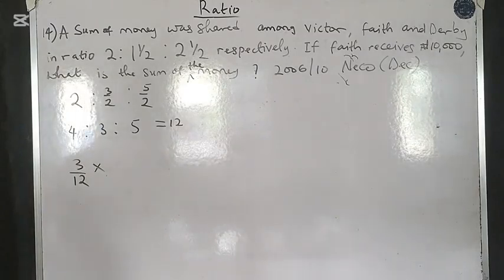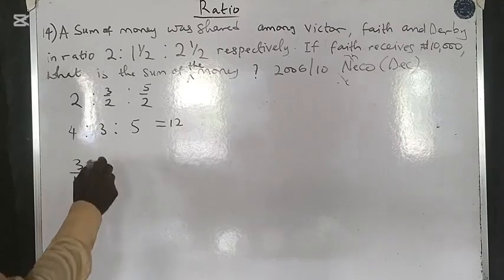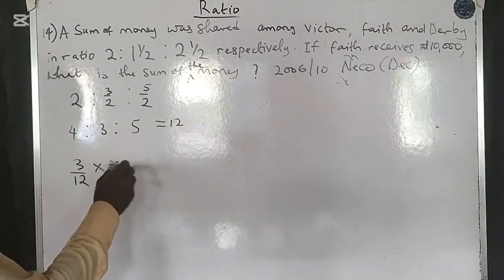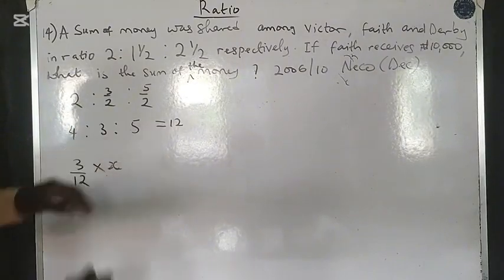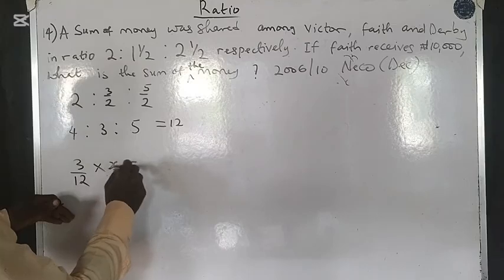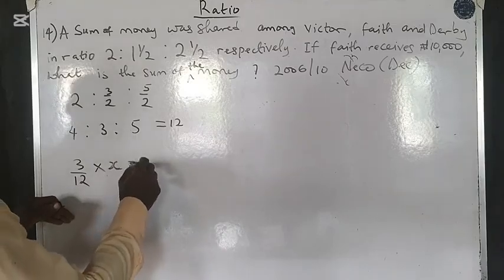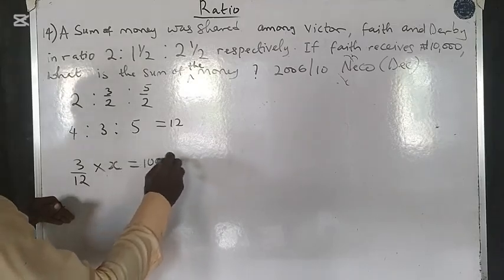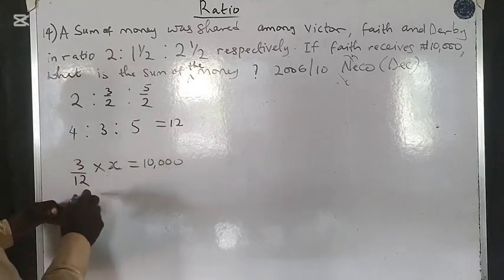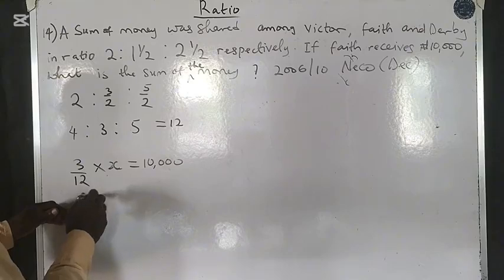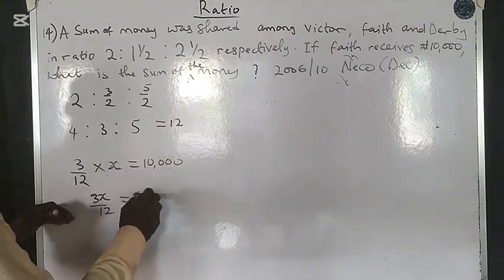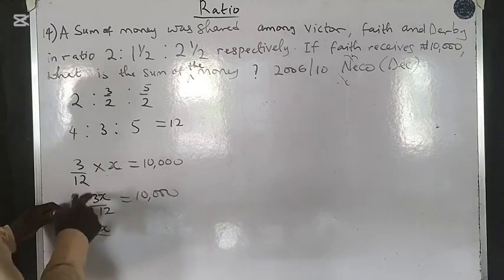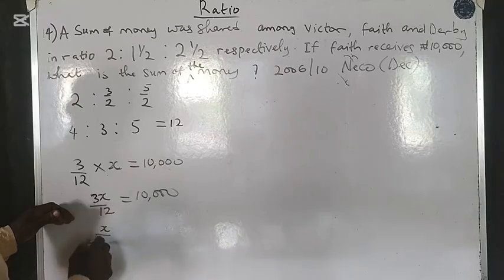Do we know it? We don't know it. So the amount will be x. Faith ratio over total ratio multiplied by amount shared will give us the total amount got by Faith. Faith got 10,000. So 3x over 12 equals 10,000. 3 goes in 3, 1. 3 goes in 12, that will be 4.